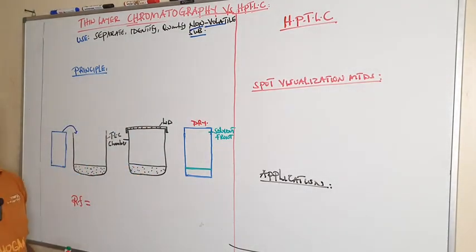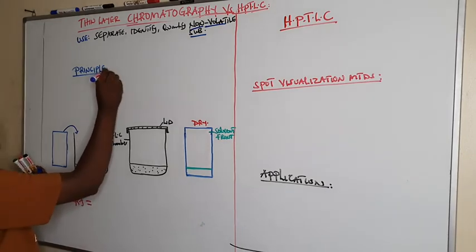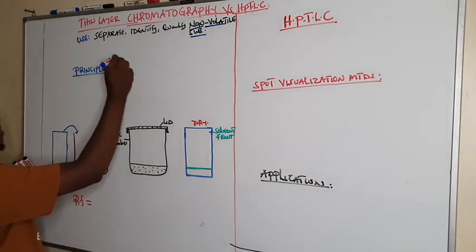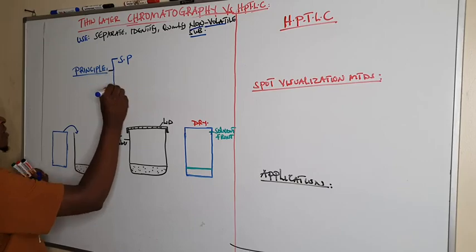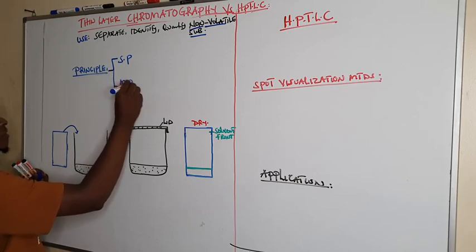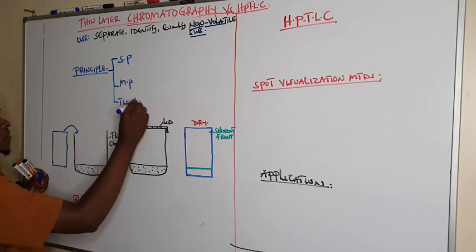And under the principle, we have the stationary phase, then the mobile phase, and the TLC chamber.